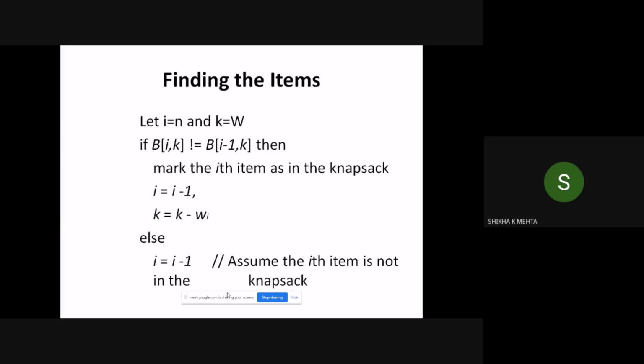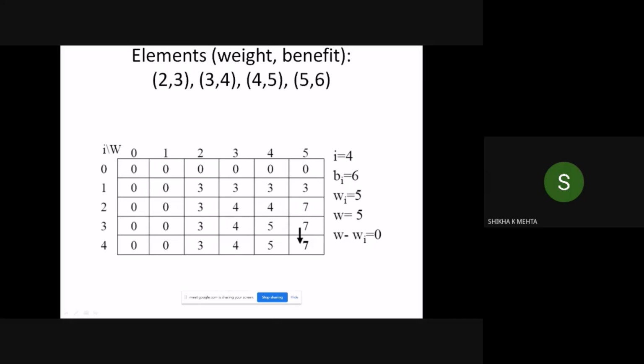If the benefit in the last row and the benefit in the previous row in the same column are the same, right? Here you see, if I see the cell number 35 and the cell number 45, in both of these cells the benefits are the same.